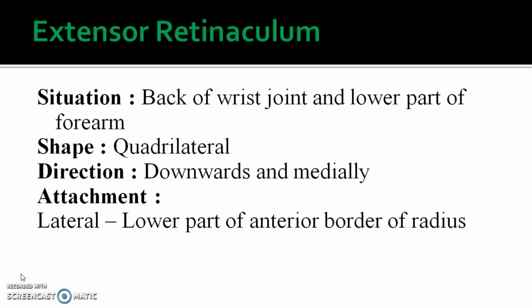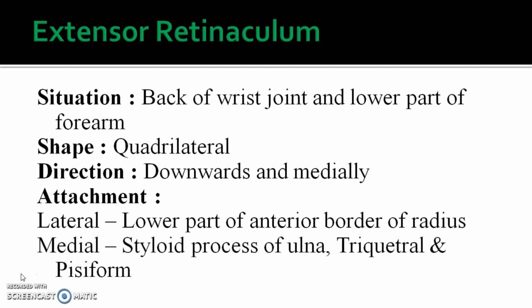The medial attachment is in the styloid process of the ulna along with the triquetral and pisiform bones. In the flexor retinaculum the attachment is in the carpal bones alone, while here it is in the radius and ulna also, along with the carpal bones present medially.